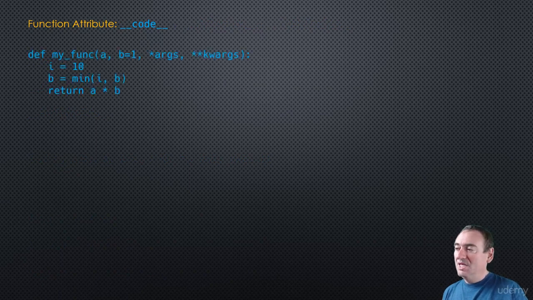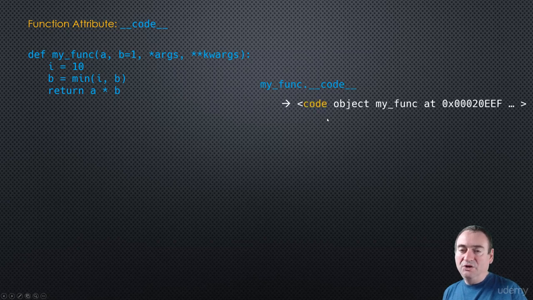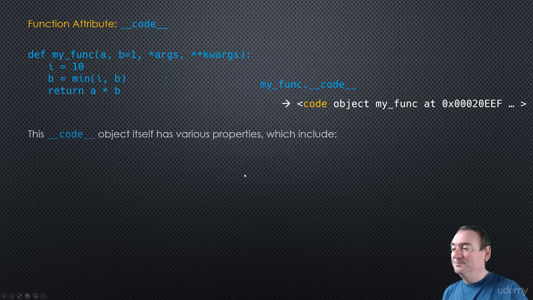Let's look at the dunder code attribute. If we have this function defined here, then we can look at the dunder code attribute, which is going to return an object of type code, an instance of a code object. That object itself has various properties, which include the following.